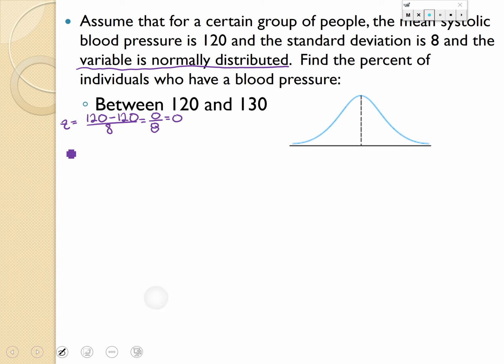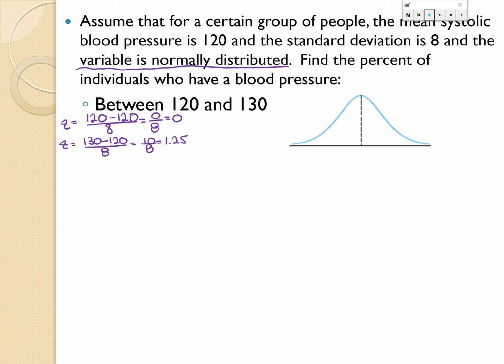Let's get our other z-value. Data value minus mean divided by standard deviation. So now once we take our normally distributed variable and change it to our standard normally distributed variable by finding those z-values, now the question becomes exactly what we practiced yesterday.